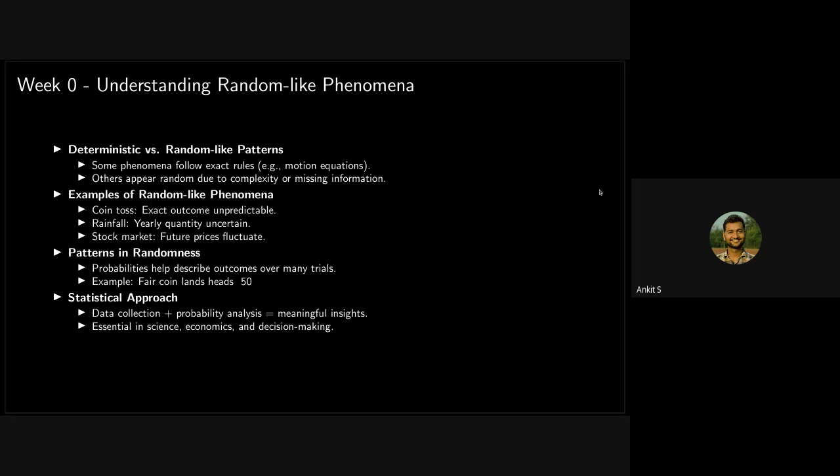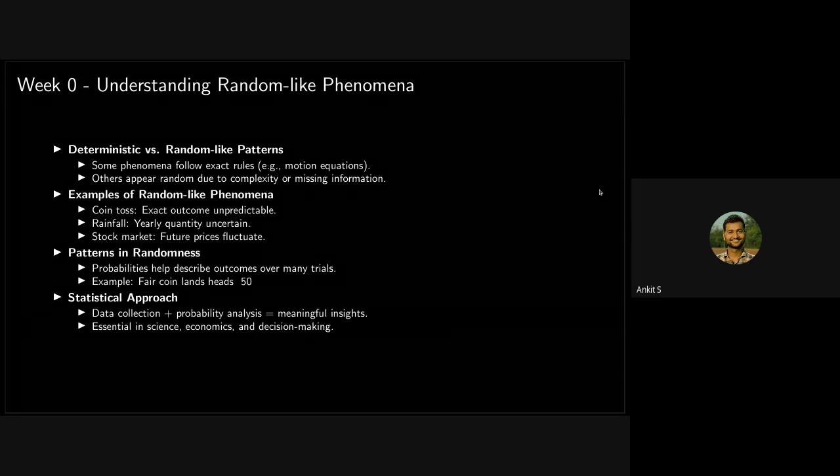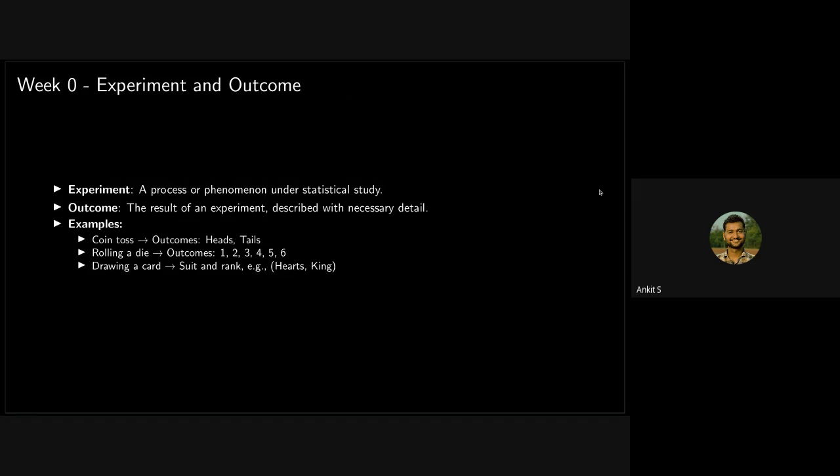Okay, so there are a lot of examples of such type where you don't have the confidence that you can predict the outcome. That's why we study statistics, and these are just some basic things. When we start learning about statistics, we start with an experiment.